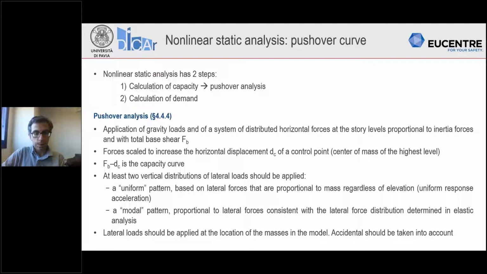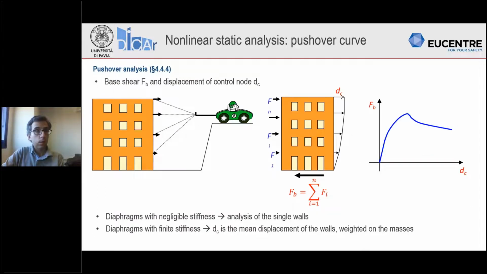Lateral loads should be applied at the location of the masses at the story levels. Here you can see graphically what I was discussing before: the concept of distribution of forces to be applied, the control node, the displacement of the control node, the base shear, and an example of a capacity curve.